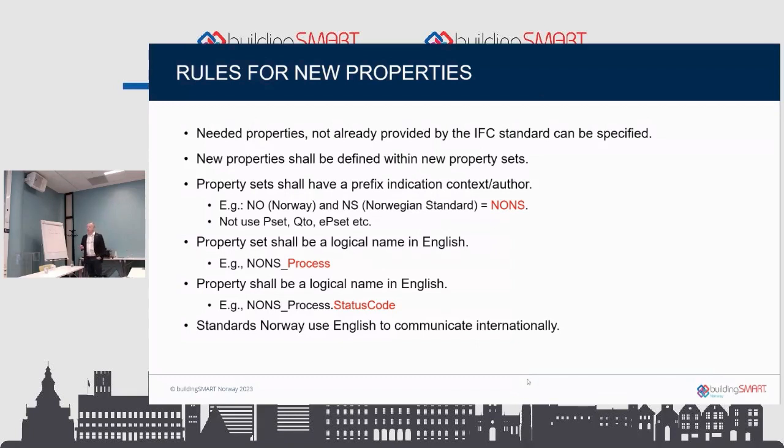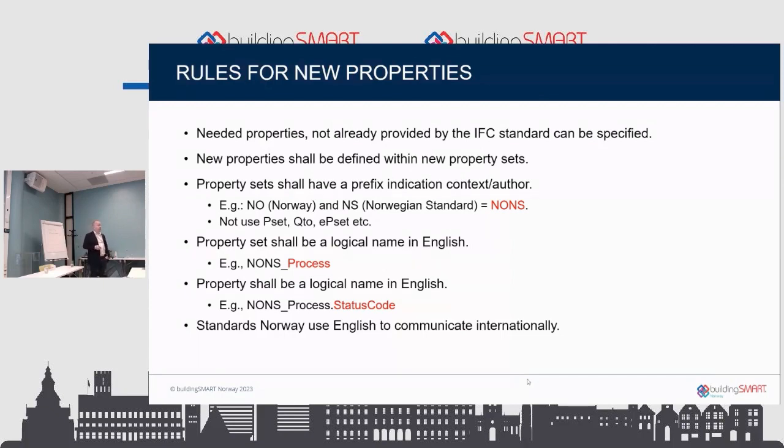So you have a local code in the beginning, and then up to 3 letters, all capital, as a prefix that clearly identifies the country and the context or the owner who has developed this and who is maintaining this, taking responsibility for this. And then you have a name for the property set, which should be logical so the context is understandable.